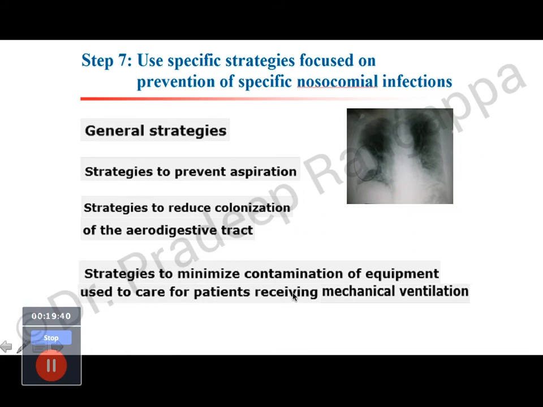And strategies to minimize contamination of equipment used to care for patients requiring mechanical ventilation, which again is by proper surface cleaning and discarding and trying to use as much single use circuits as possible. So these are some of the specific strategies to curtail the spread of infection, and certain steps to prevent aspiration and spread within the patient.